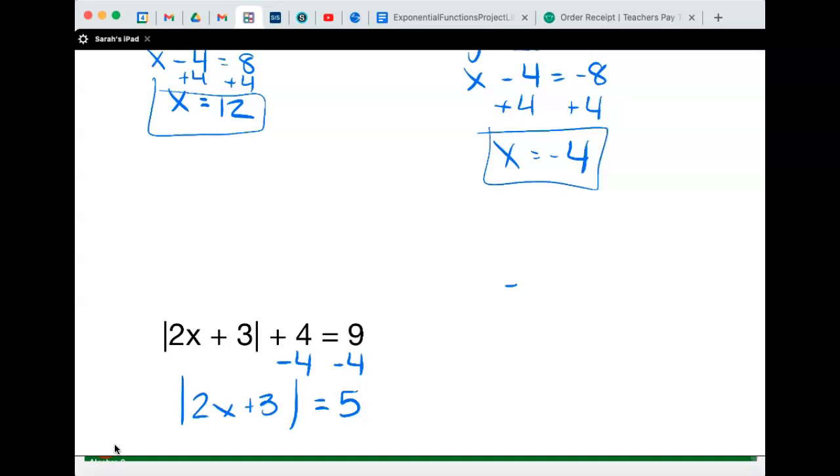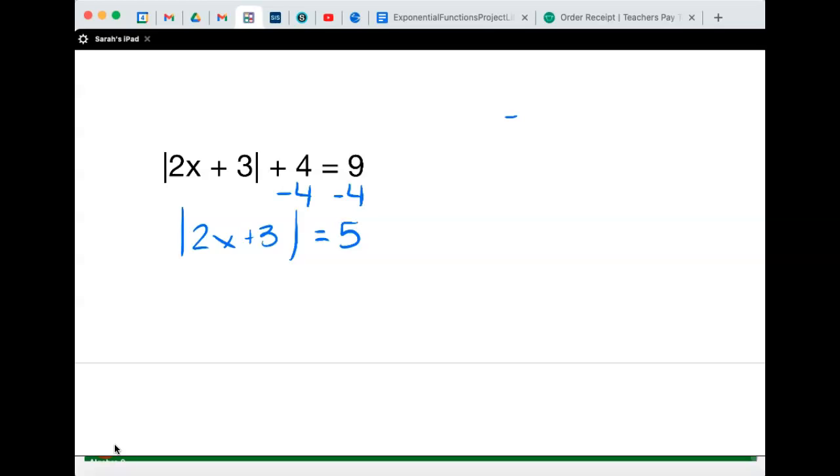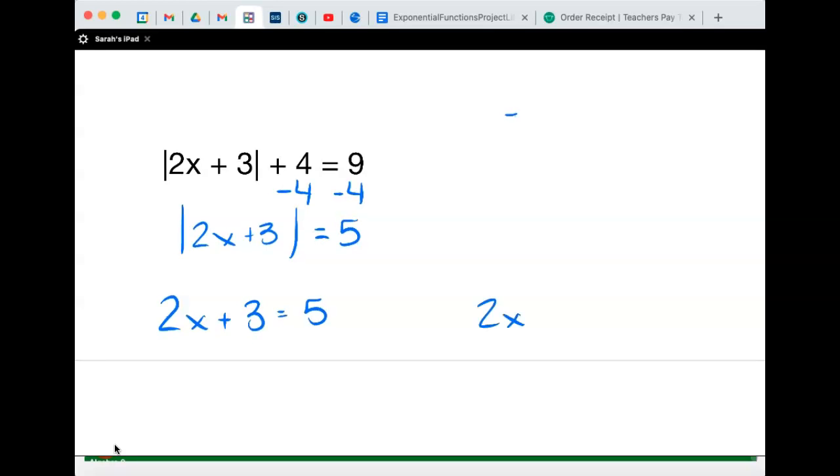So this is where we are at with the other one. So I want to write my two equations before I actually try and solve it. 2x plus 3 equals 5 and 2x plus 3 equals negative 5. Right, so I have my positive equation and my negative equation.